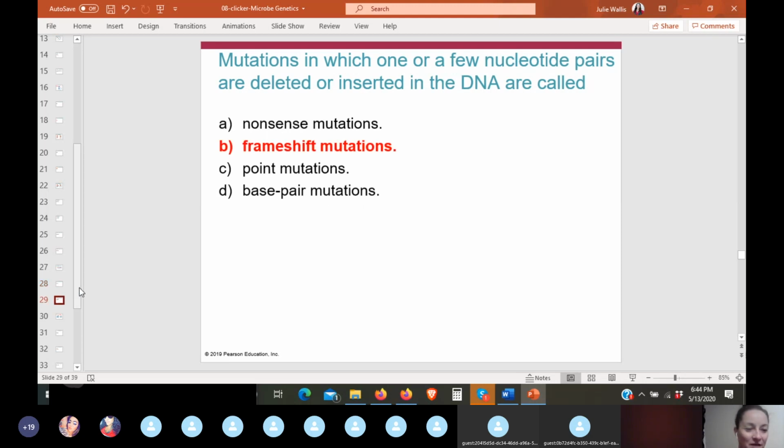No worries. Frame shift mutation. A frame shift mutation occurs when there are insertions or deletions of any number of bases other than a multiple of 3. What it does is not only change one amino acid in the sequence, but it changes all of the amino acids after that point because it shifts the reading frame of the 3 bases.